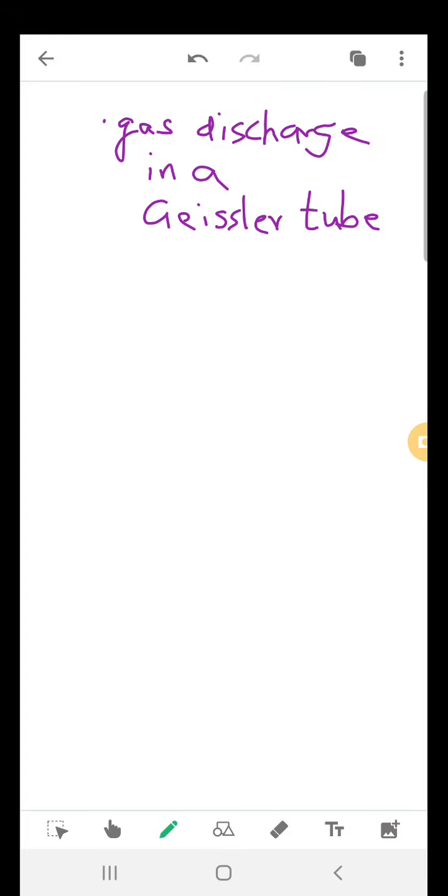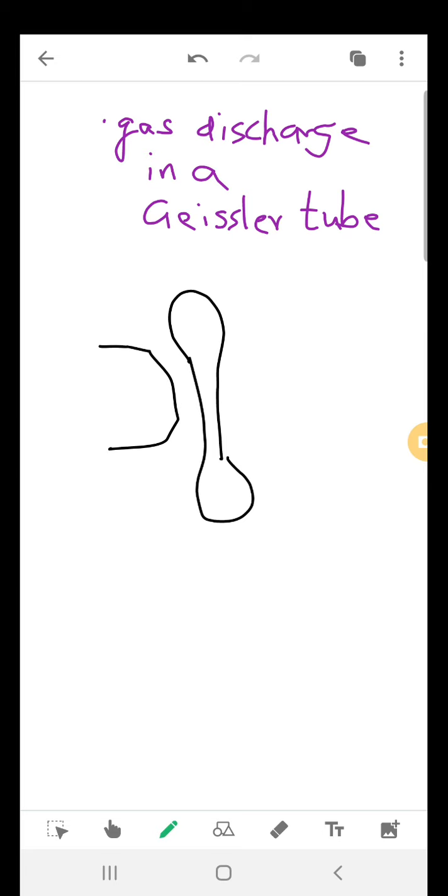And this is placed between the poles of two powerful electromagnets, so it looks something like this. This is the tube, placed between two electromagnets.